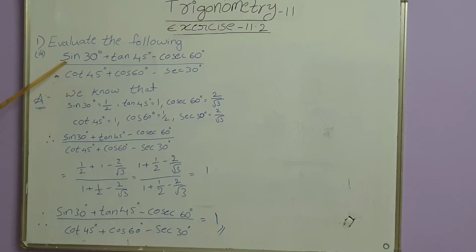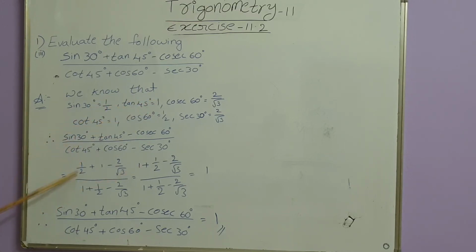What is sin 30 degrees? 1 by 2, and tan 45 degrees is 1, cosec 60 degrees is 2 by root 3, and cot 45 degrees is 1, and cos 60 degrees is 1 by 2, and sec 30 degrees is 2 by root 3.